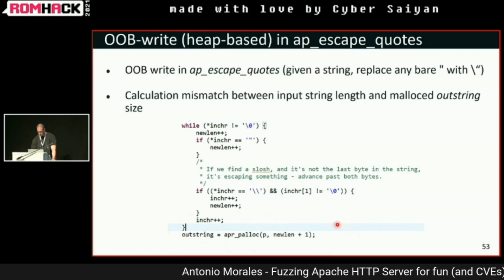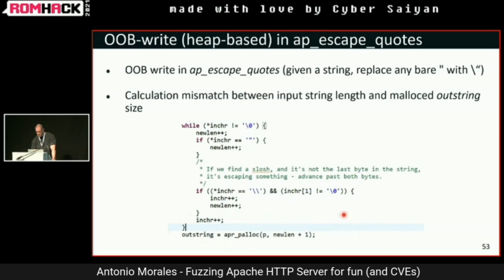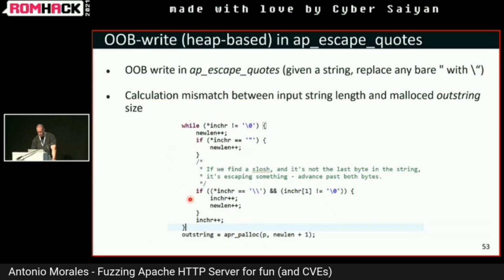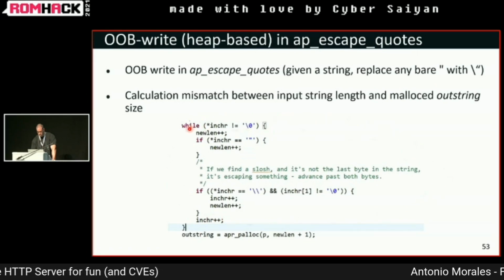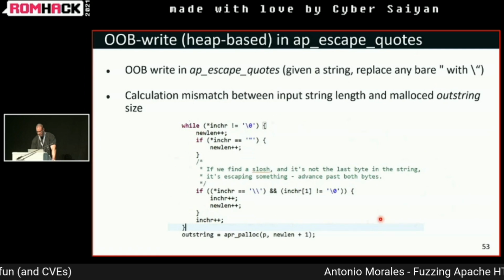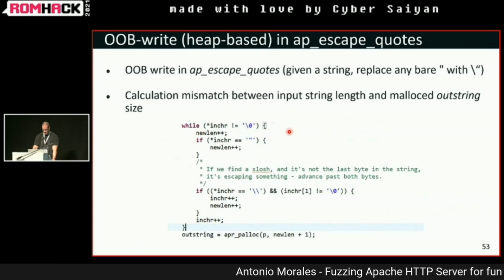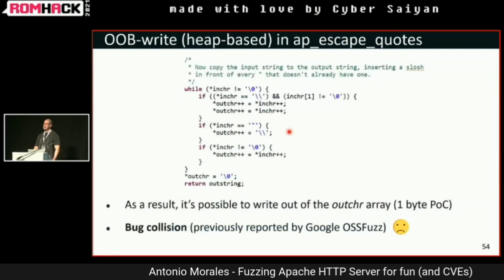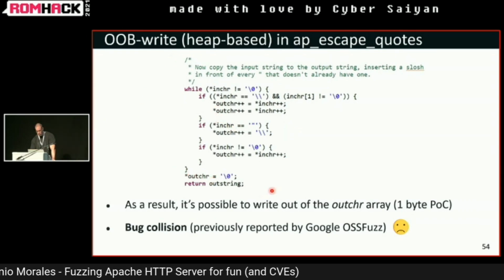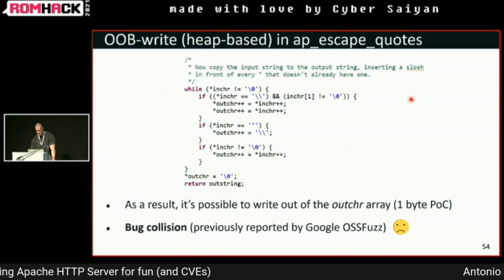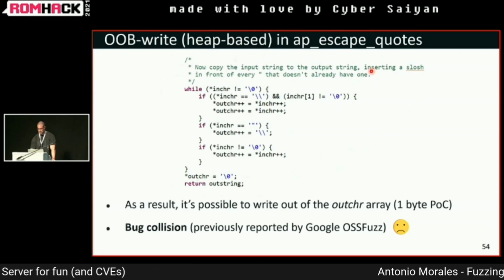So in this first code snippet, I show the code that is used to calculate the length of the input string. And in this second picture, you can see that the code for calculating the size of the output string is different.